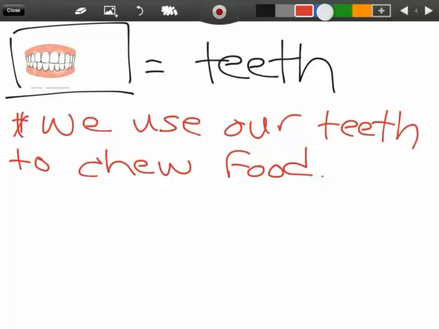So in the picture, it's called teeth, and I'm going to go ahead and use teeth in a sentence.